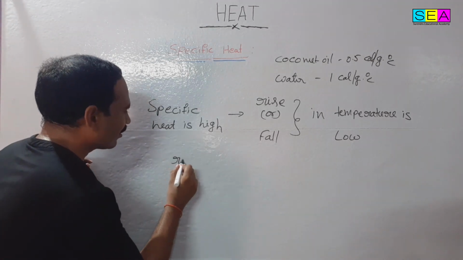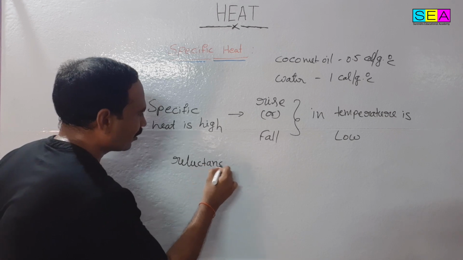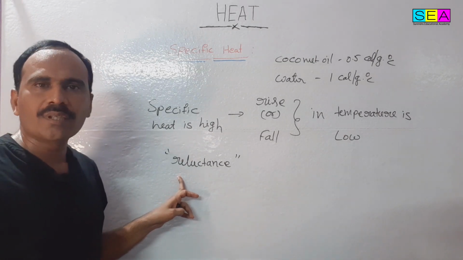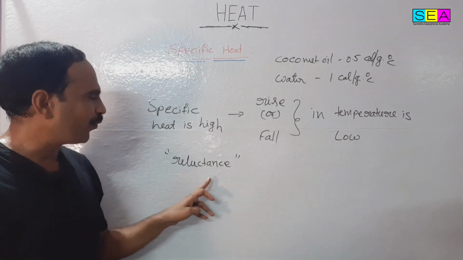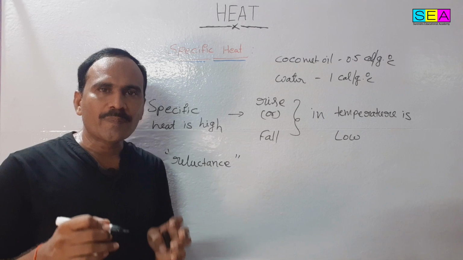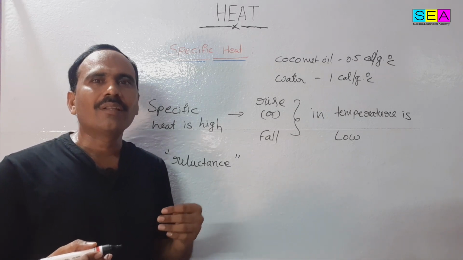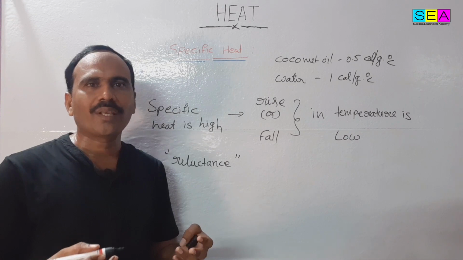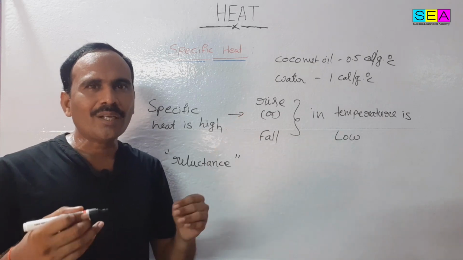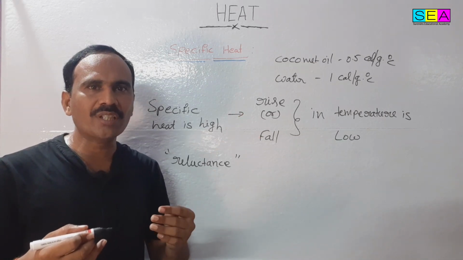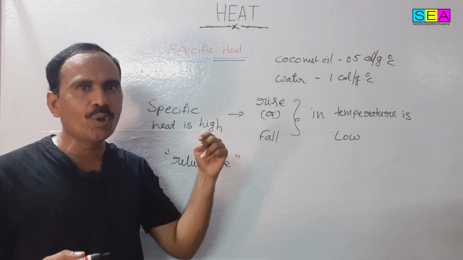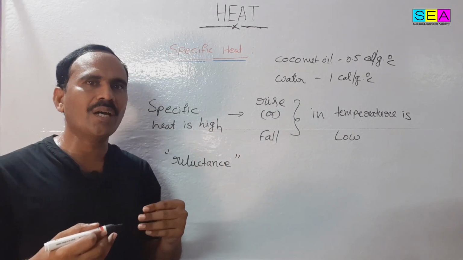This specific heat concept gives the degree of reluctance of a substance to a change in the temperature. Depending on the specific heat, we can understand whether the given substance is readily accepting changes in the temperature or not. Here water is not readily accepting changes in the temperature, but coconut oil, its specific heat is low, so it is readily accepting changes in the temperature.